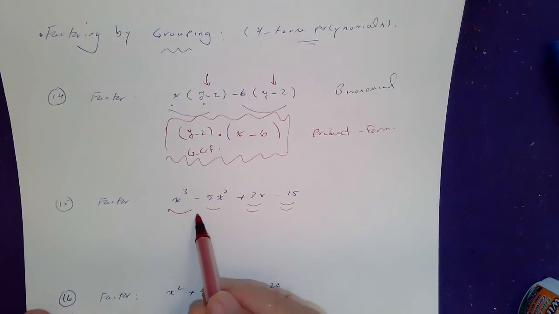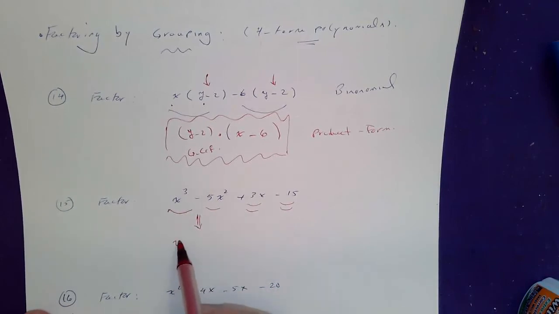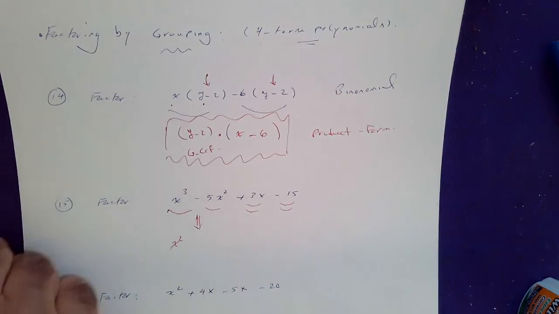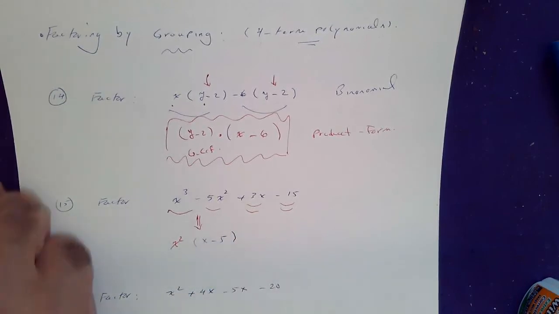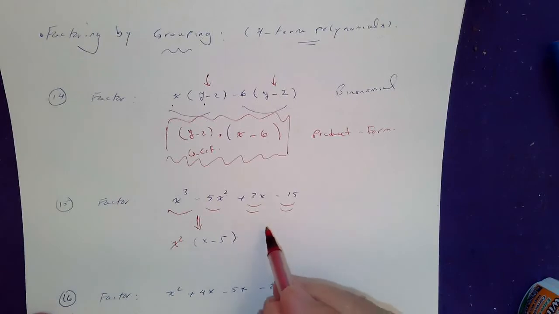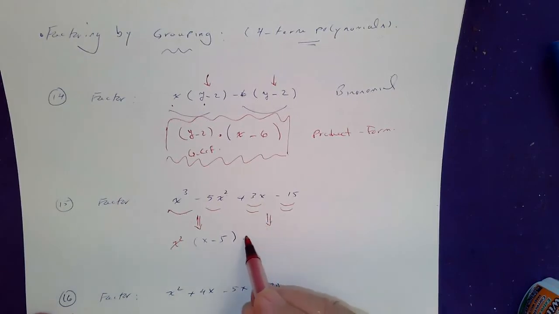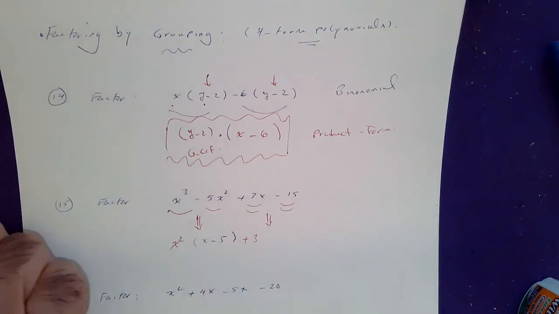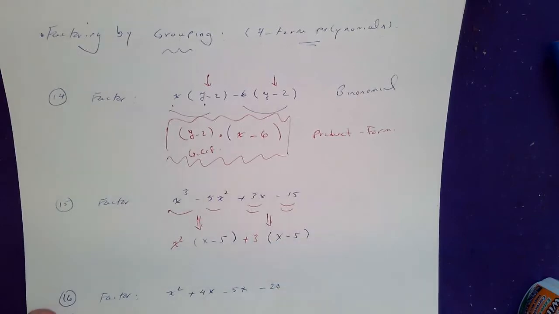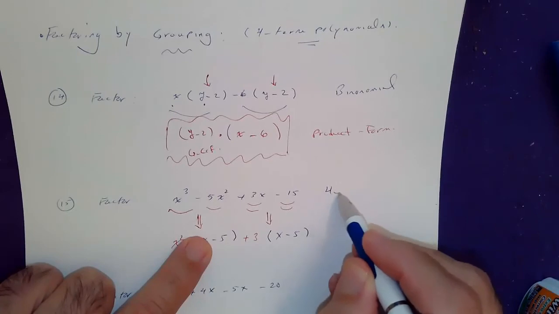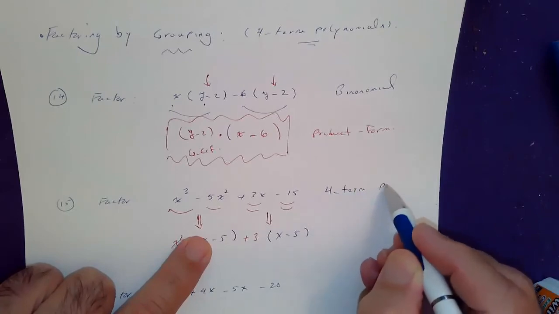From the first two, I'm going to factor out x squared, and that gives me x minus 5. From the last two terms, I'm going to factor out positive 3, and that also gives me x minus 5.